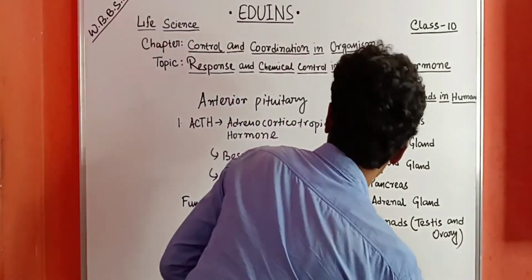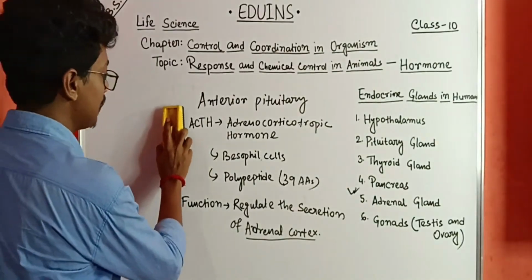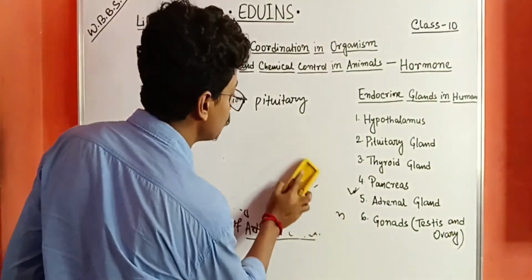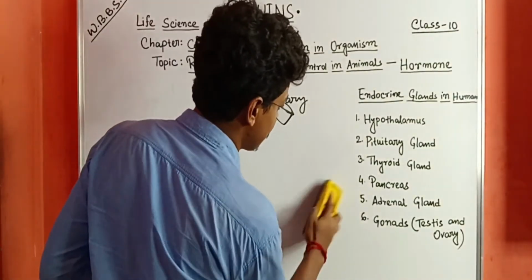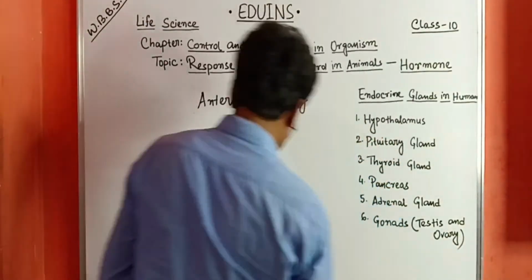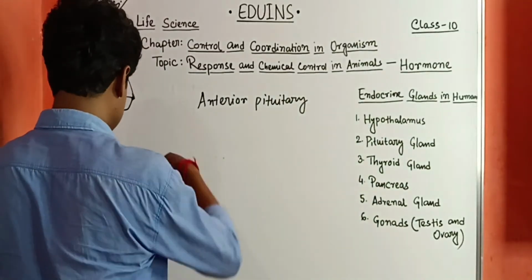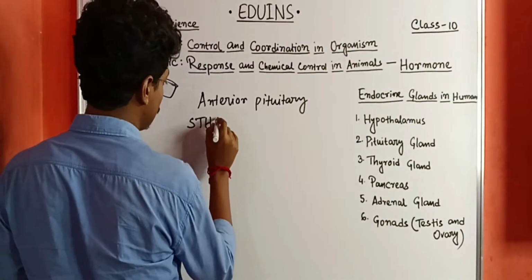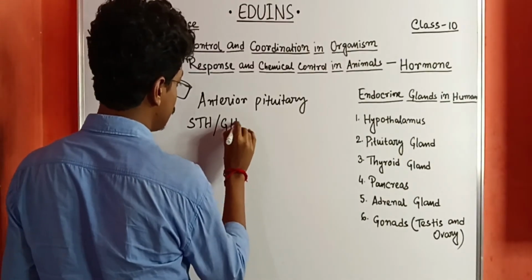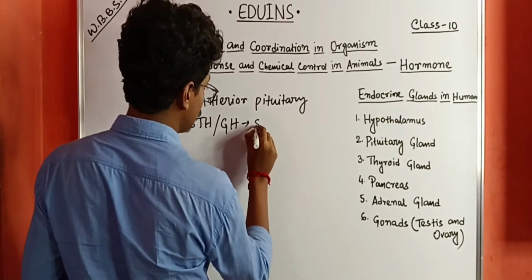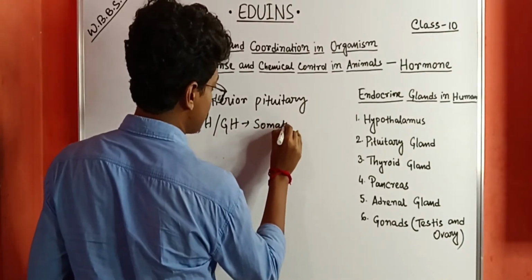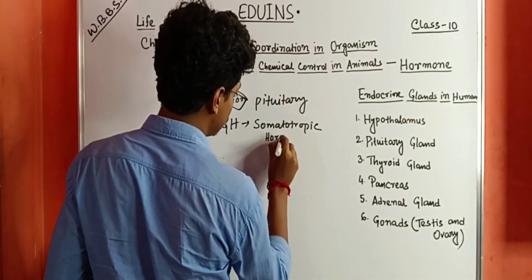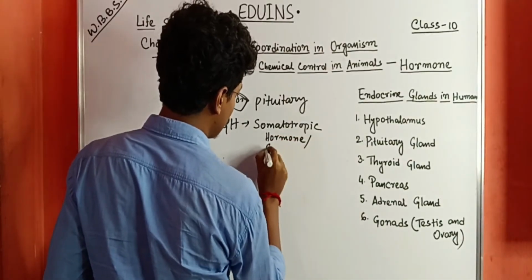Next hormone of the anterior pituitary is the somatotropic hormone or growth hormone. Next one is the STH or GH, the somatotropic hormone or growth hormone.